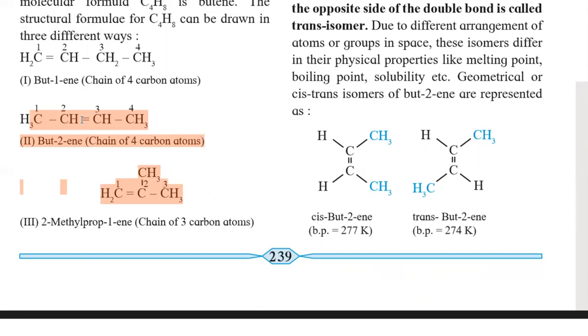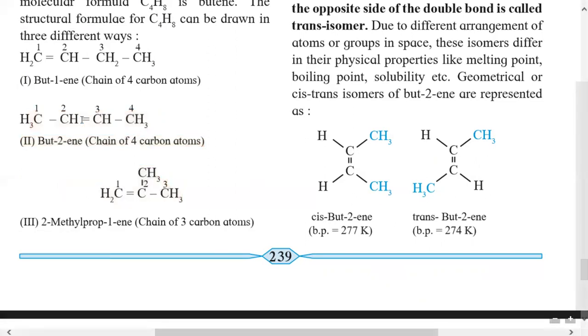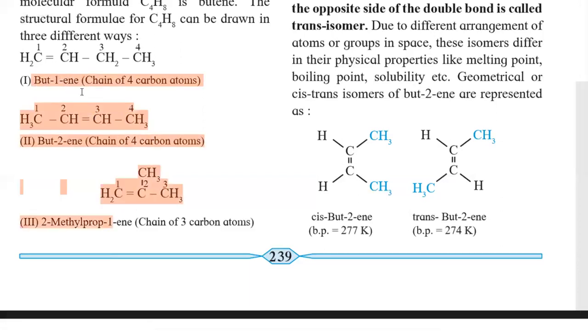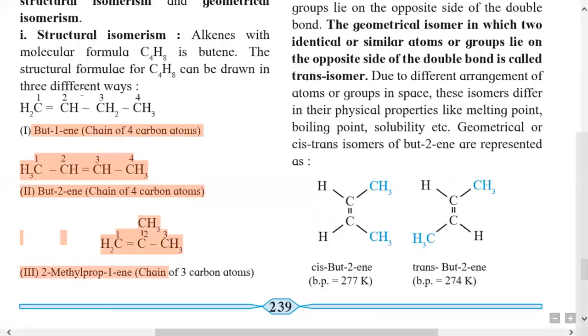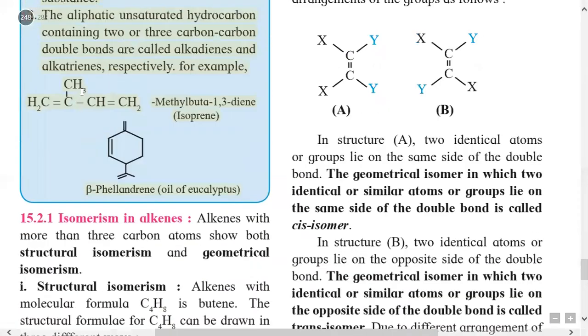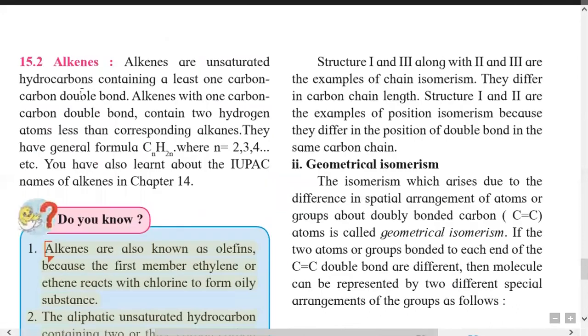The IUPAC name is 2-methylprop-1-ene. So the isomers of butene are but-1-ene, but-2-ene, and 2-methylprop-1-ene. These three isomers are possible. These are called structural or chain type of isomers.